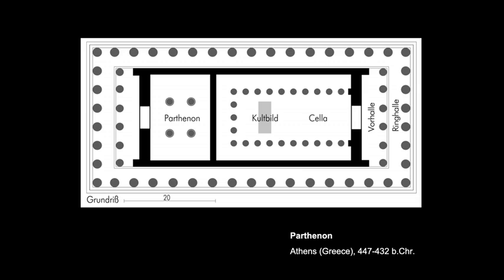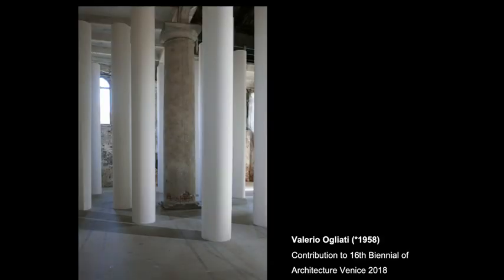I showed you more the sacral architecture, the temples, but the temples are a really high culture of building in this particular case, so it could also be read as a principle of building.